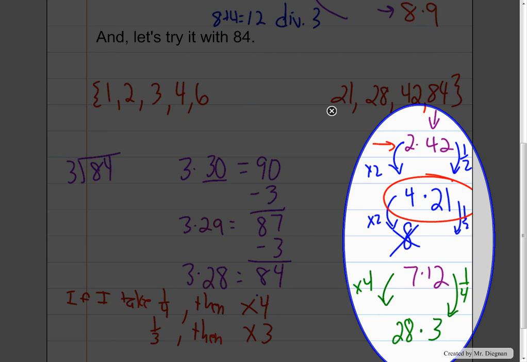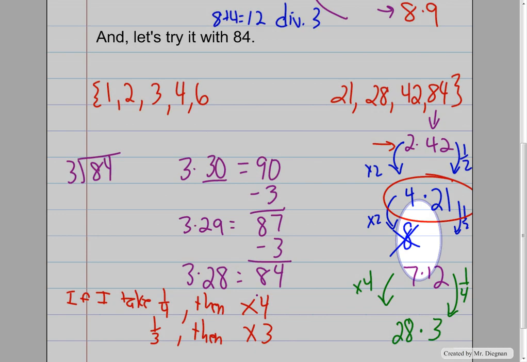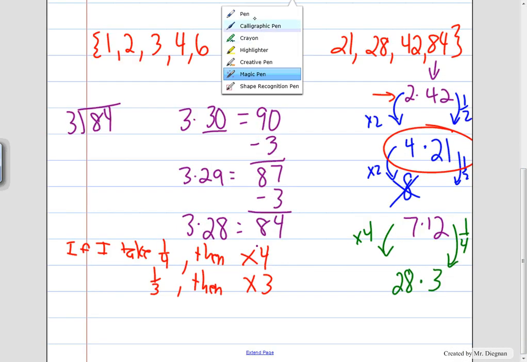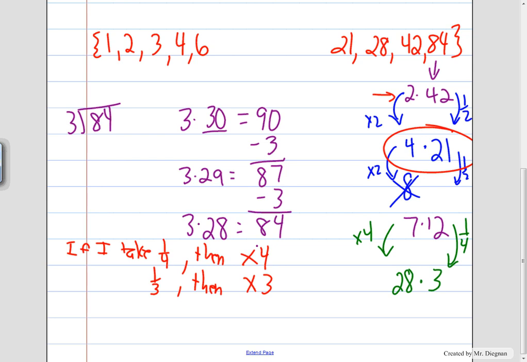All right, very good. So what he noticed is we can go down here and we can double the 3. So we can do times 2 here, that's 6. So what do I do with the 28? Take half of it, which is 14.